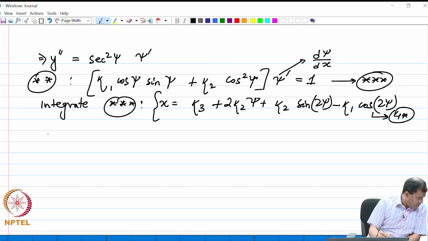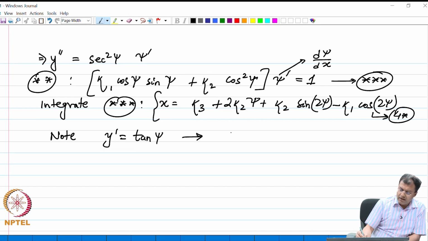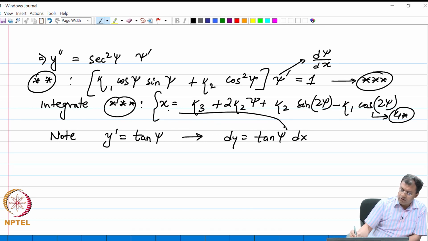To find the expression of y, note that I had y prime equal to tan psi, right. So, this gives me that dy is equal to tan psi dx. Differentiating x with respect to psi, we can easily get this quantity dx.